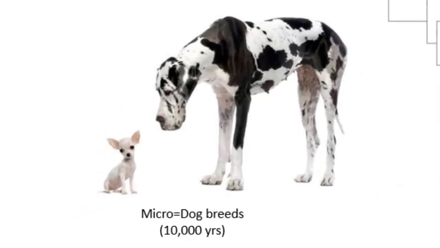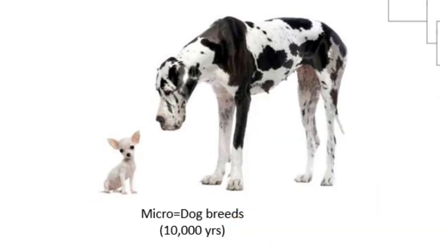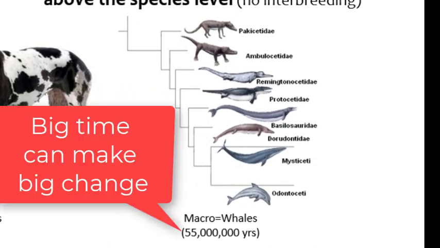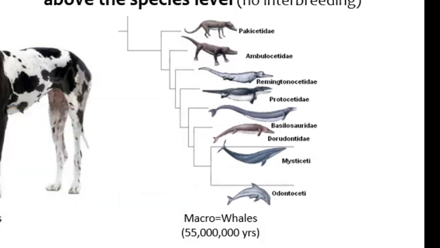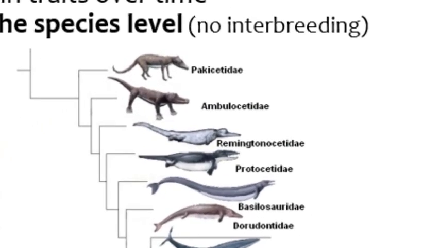Dog breeds, for example, are about 10,000 years, or thousands of years, but large amounts of time in terms of evolution are tens of millions or even billions of years. One extreme example of macroevolution is the evolution of whales, which evolved from an early deer-wolf-like ancestor about 55 million years ago.